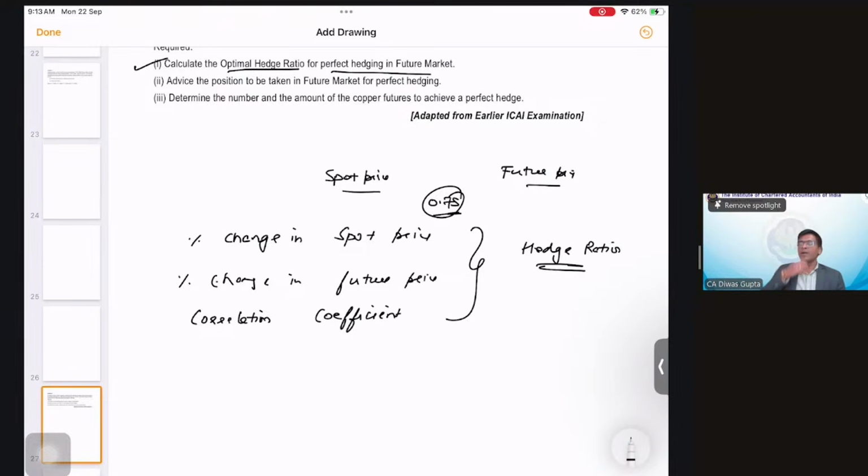So for hedging one equity share, you need to enter only 0.8 of the future value, not the entire one, right? So this is called the hedge ratio. The hedge ratio is how many futures you need to deal with to hedge your one equity share in the underlying.